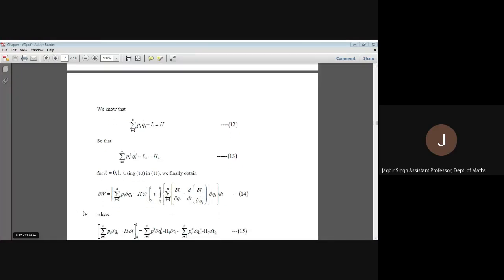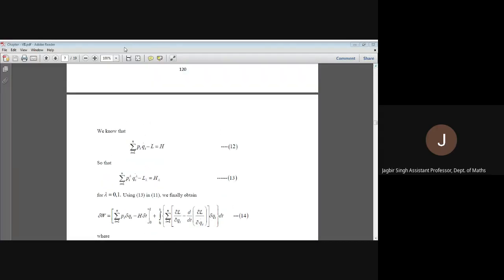Summation i from 1 to n p_i delta q_i. The terms, let me reduce the size, just a second.